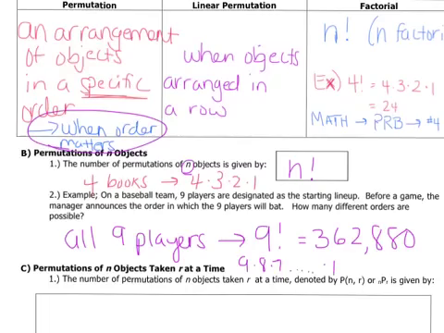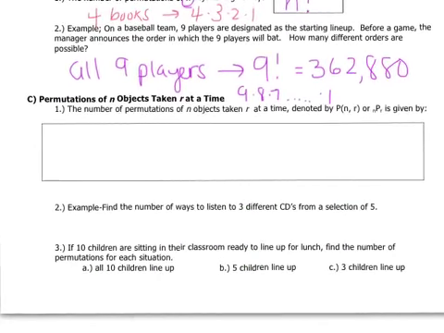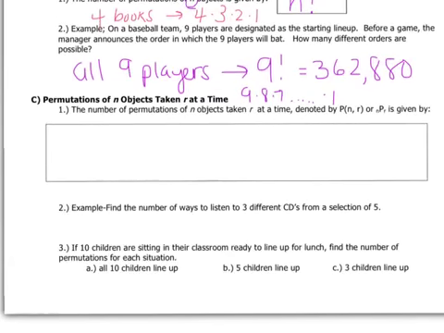All right. So now what we are going to do is not use all of our objects like we did in this example. We had 9 objects, which in this case was people, but we don't always have to use all of the objects we have.